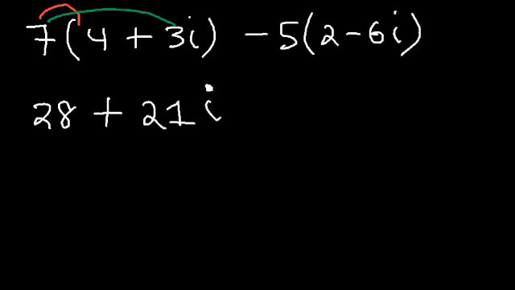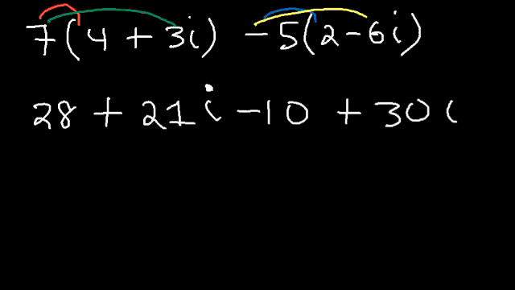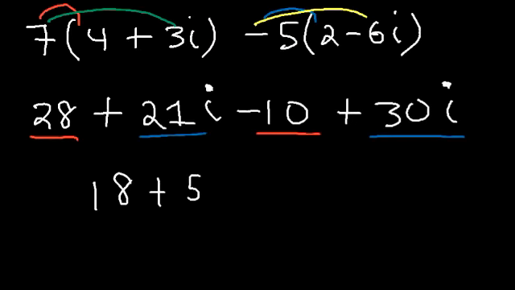Now let's distribute the negative 5. Negative 5 times 2 is negative 10, and negative 5 times negative 6i is positive 30i. So now let's combine like terms. 28 minus 10 is 18, and 21i plus 30i is 51i. So this is the answer in standard form, or in a plus bi form.